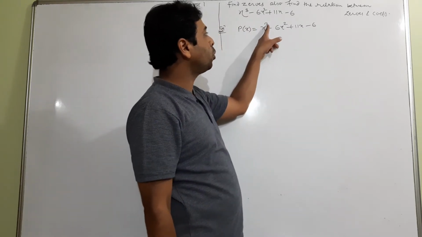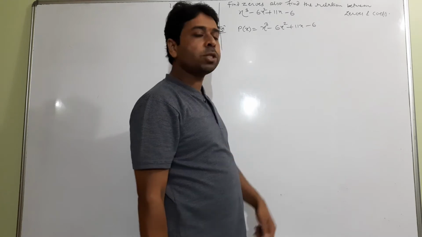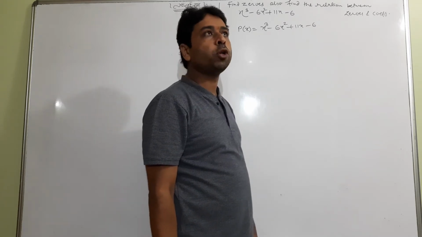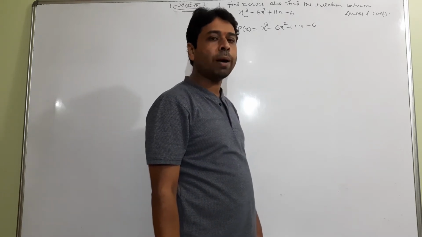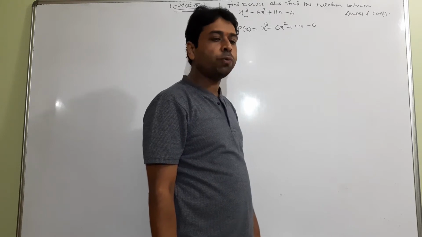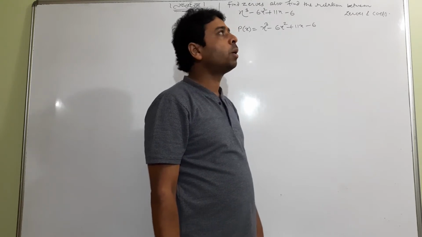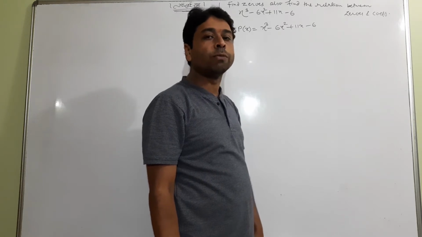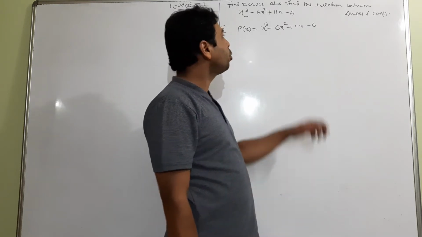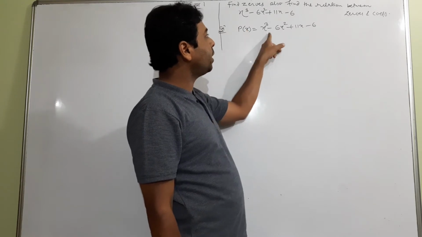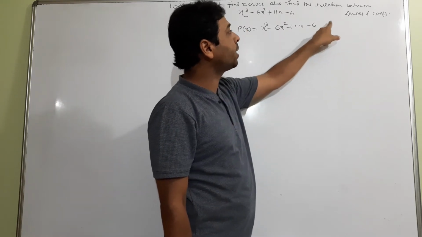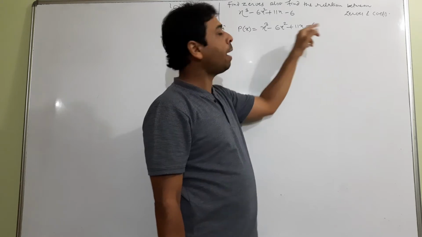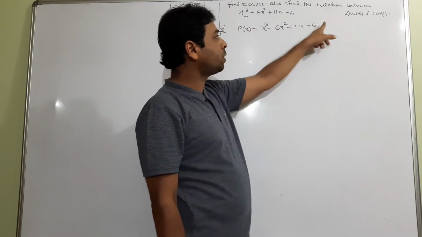Whenever a cubic polynomial is there and you have to factorize it, first try to get one of the zeros by putting some value of x so that the polynomial gets 0.